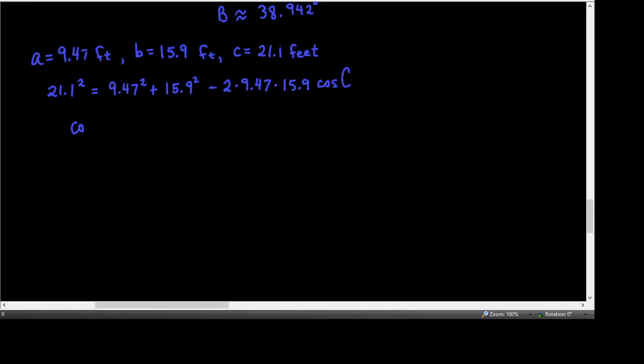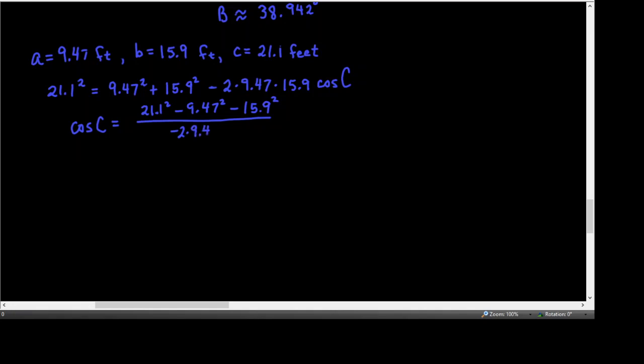So, since we just did this same kind of thing a minute ago, I'm going to rocket my way through here. To get cosine of C by itself, I'm going to take the 21.1 squared, what's on the left, subtract the two things that are added together. Again, if you're doing this in your calculator, you're probably going to want to put that in its own set of parentheses. And then divide that by the numbers that are multiplied by the cosine.